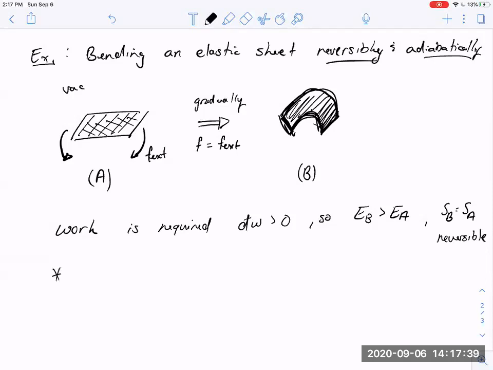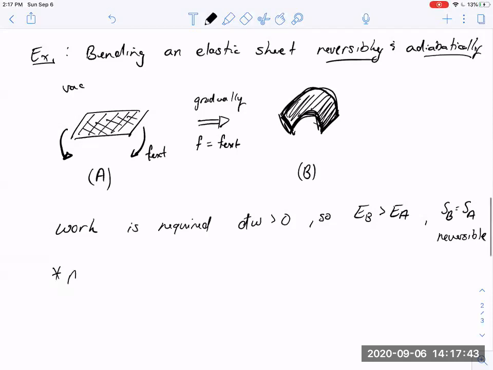So again, I'll just highlight that a way to think about reversibility is that the system goes through a sequence of equilibrium states.